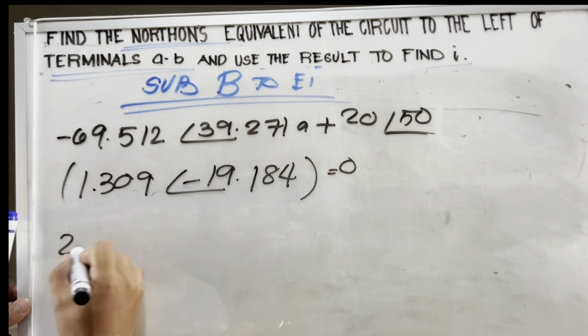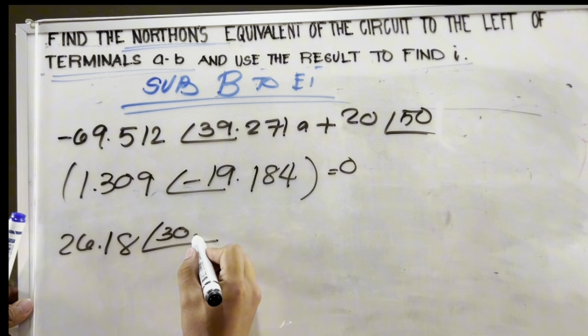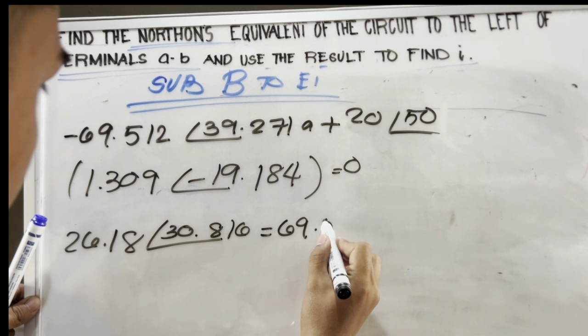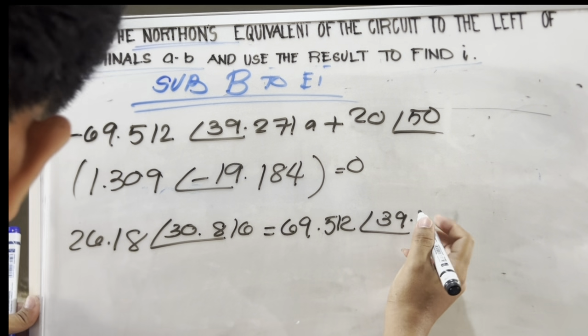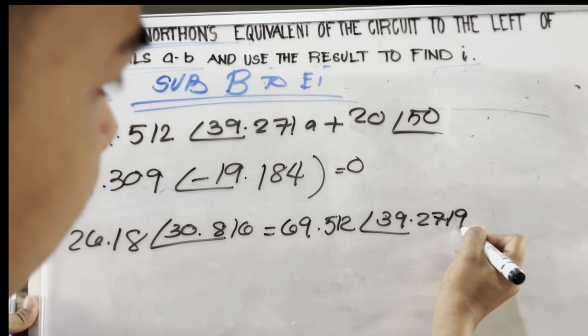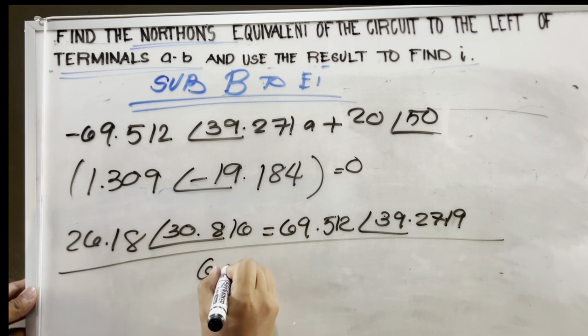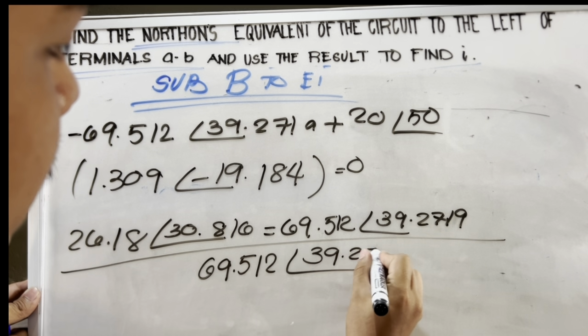Therefore, we will get 26.18 angle of 30.816 is equal to 69.512 angle of 39.2719 times A. We will now divide both sides by 69.512 angle of 39.2719.